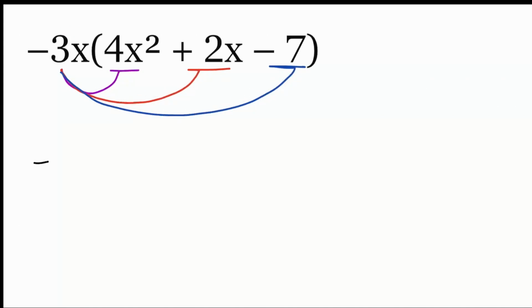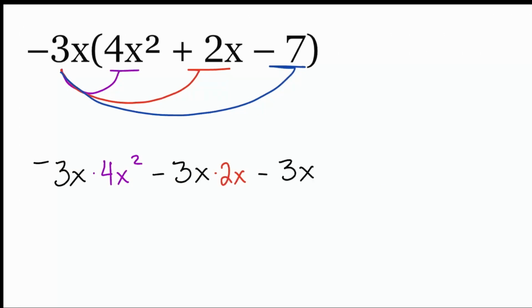Starting off, negative 3x multiplied with the 4x squared. Then we're going to have the negative 3x multiplied with the positive 2x. And lastly, we're going to have the negative 3x multiplied with the negative 7. So we have the 3 of these products, the 3 of these things multiplied together.